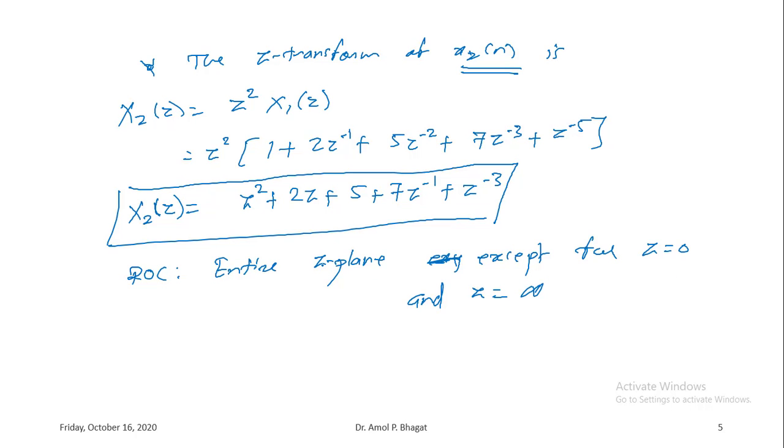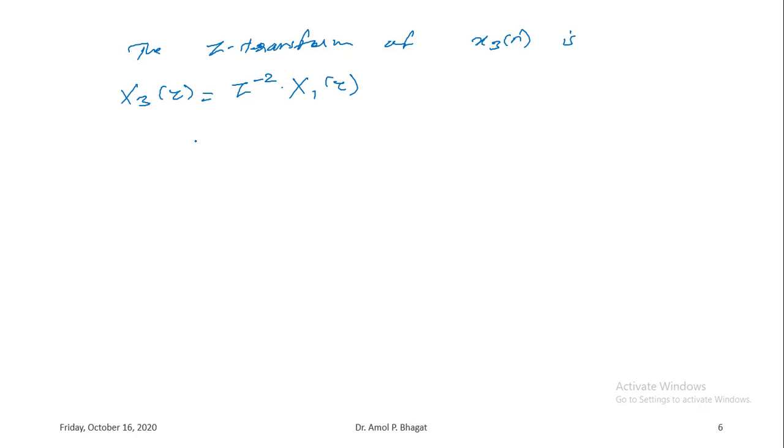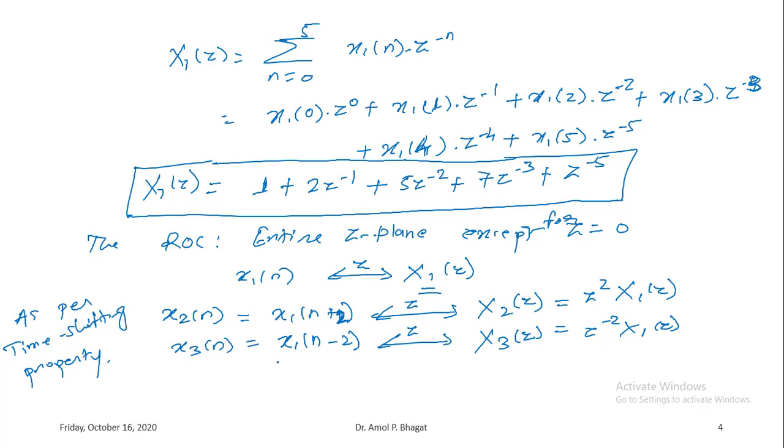Right? Similarly, the Z transform of x3 of n, as per this time shifting property, X3 of z will be z to the power minus 2 into X1 of z. Here we identified that it is z to the power minus 2 into X1 of z.